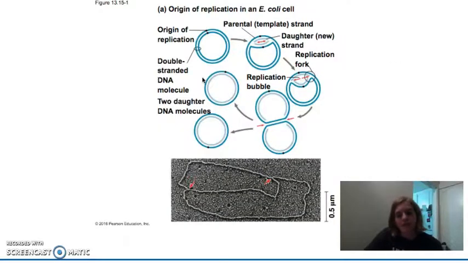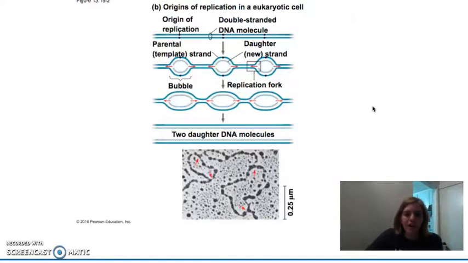In E. coli cells, as well as other bacteria, the DNA is found in a circular form. Since it's circular, the replication fork starts and literally forms a bubble within the circular DNA. In contrast, our DNA and those of other eukaryotic organisms is linear DNA.